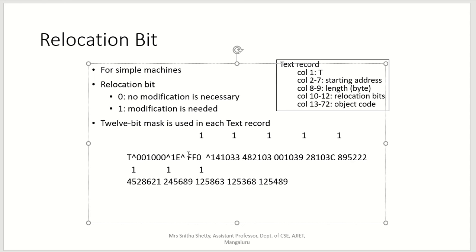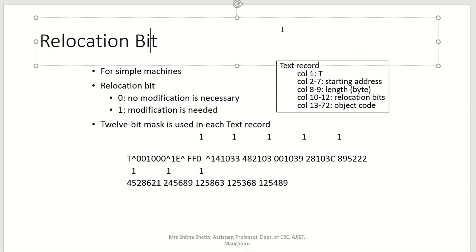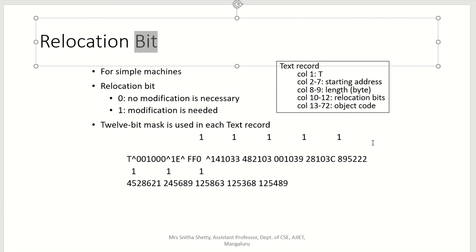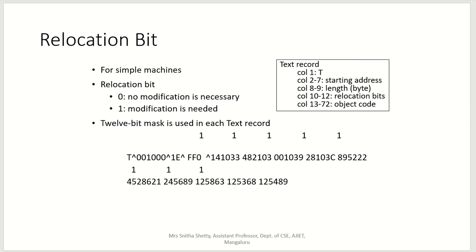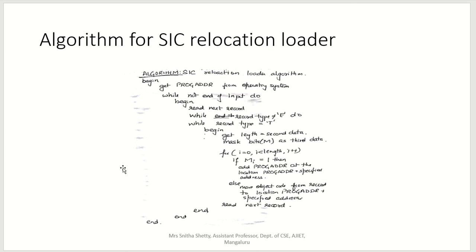So this column number 10, 11, 12 is known as the relocation bits. This is in the SIC program, whereas in the SIC/XE program we are writing a new record itself, that is the modification record. Next we'll see an algorithm for the SIC relocation loader.